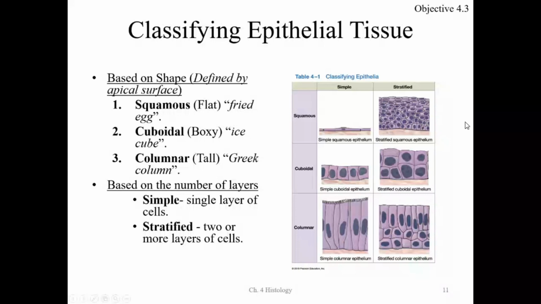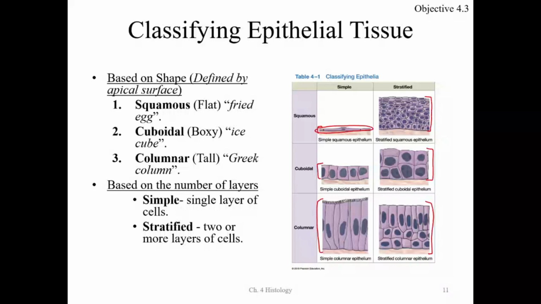Now that's just by shape. Now let's look at the number of layers. You can have one layer, like right here, where we have one cell thick. Just one cell thick, right here, one cell thick. Here we have many cells thick.